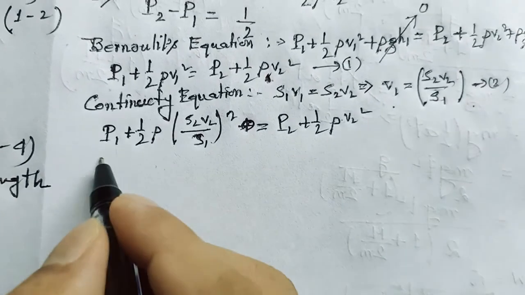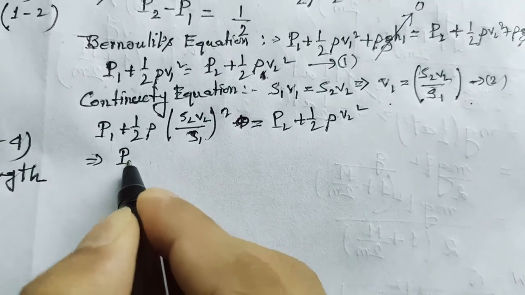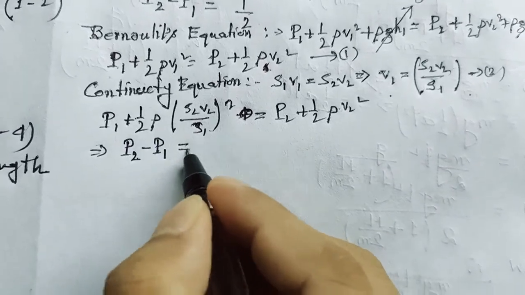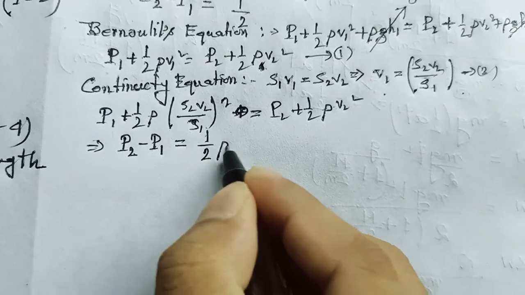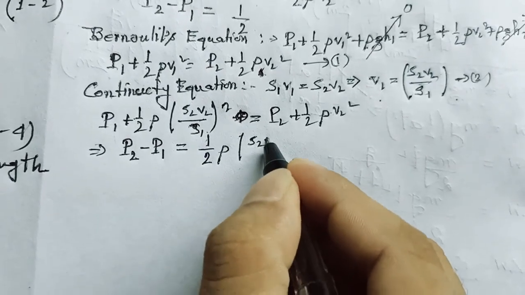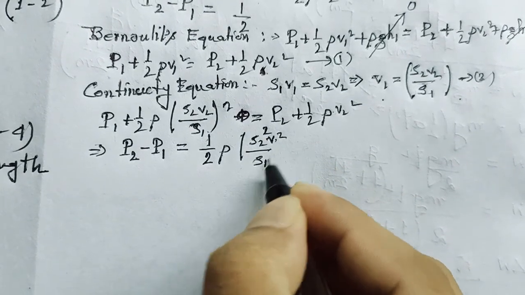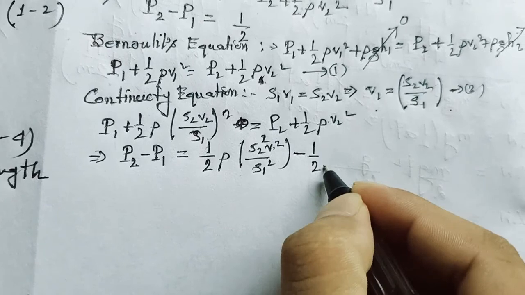From this equation we will get P2 minus P1 equal to half rho S2 square V2 square divided by S1 square minus half rho V2 square.